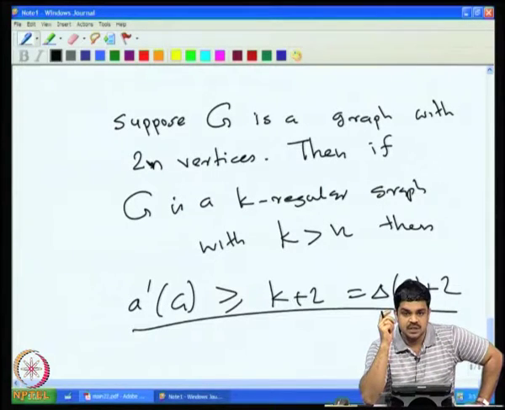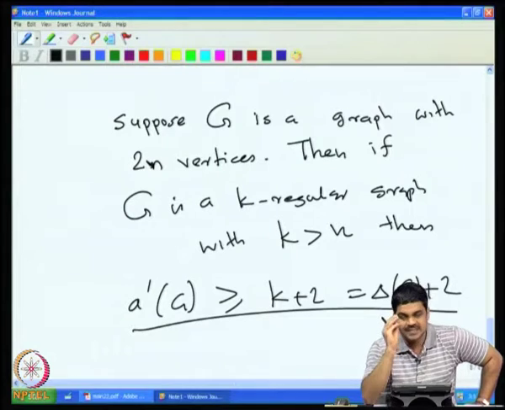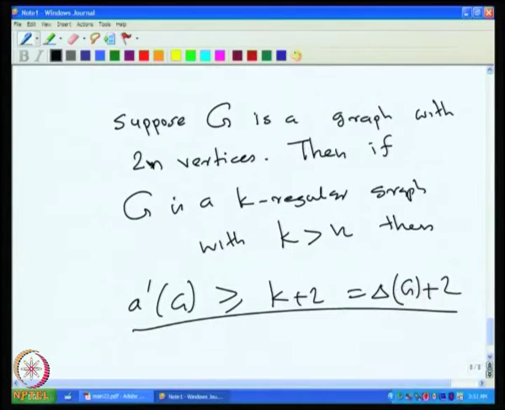That means I am considering graphs with an even number of vertices. If the degree is strictly more than n, then the chromatic index has to be greater than or equal to k plus 2.